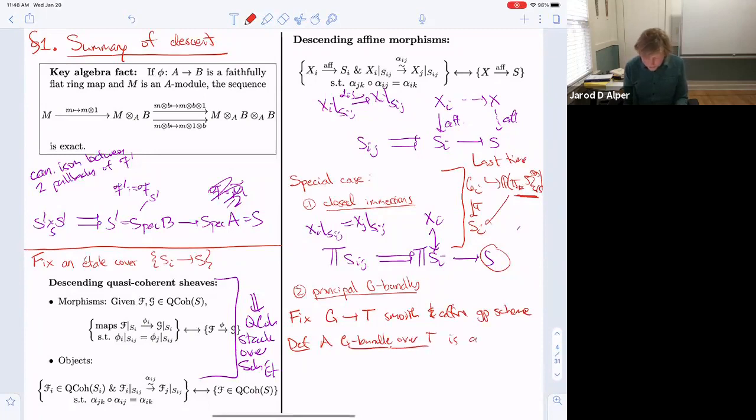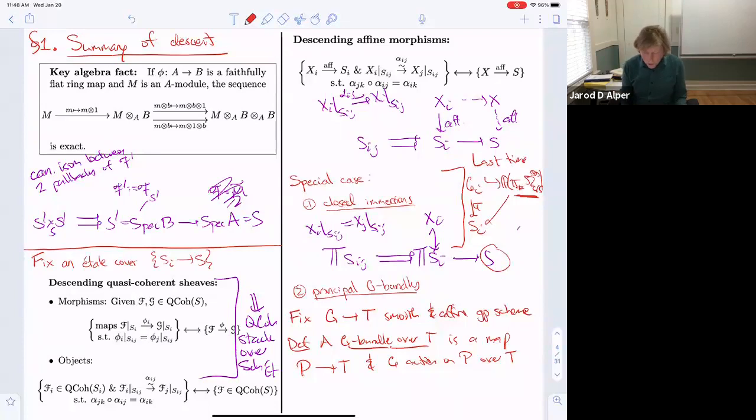is a map. So you have a scheme, maybe P, with a morphism to T, and a G action on P over T, so that the map from P to T is G-invariant.